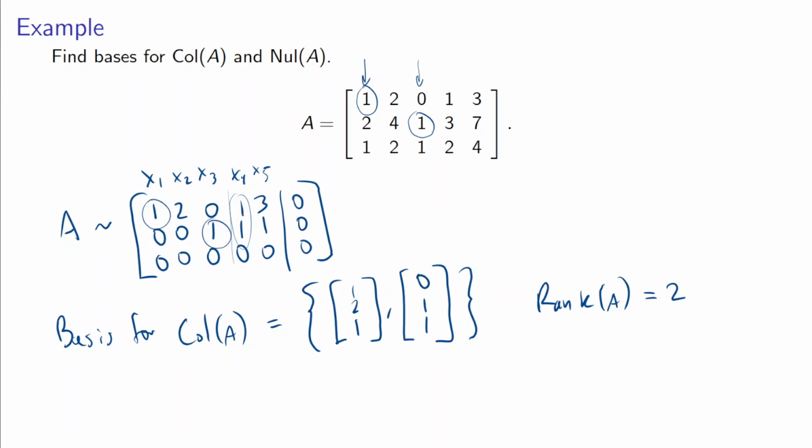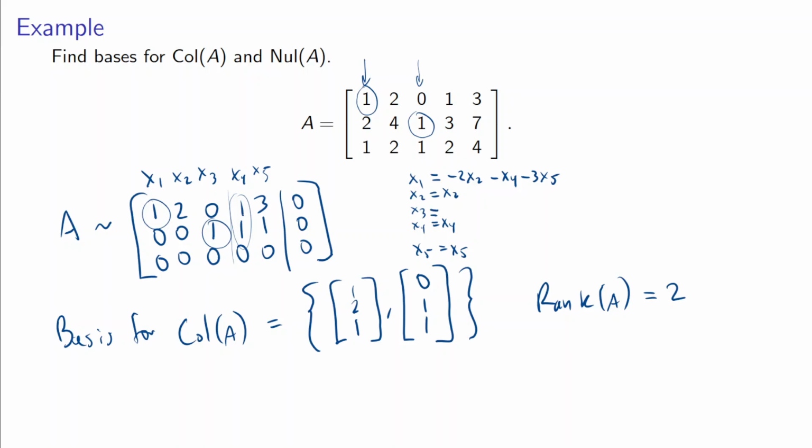We have that x2 is a free variable. So we have x1, x2, x3, x4, x5. Any of these columns without pivots are free variables. x4 is a free variable. x5 is a free variable. And then x1 equals negative 2x2 minus x4 minus 3x5.